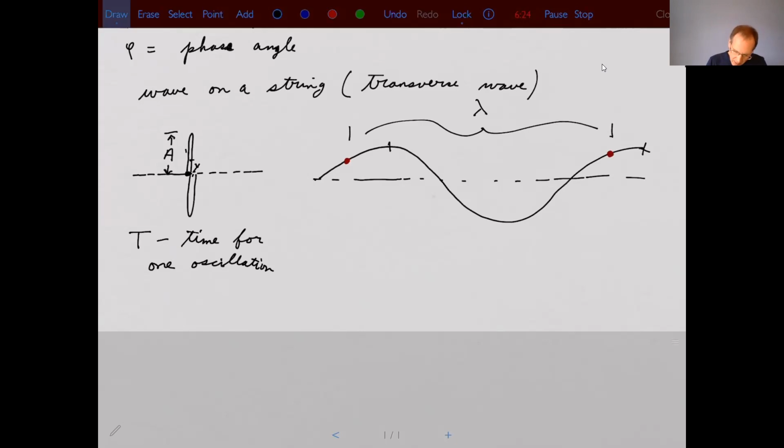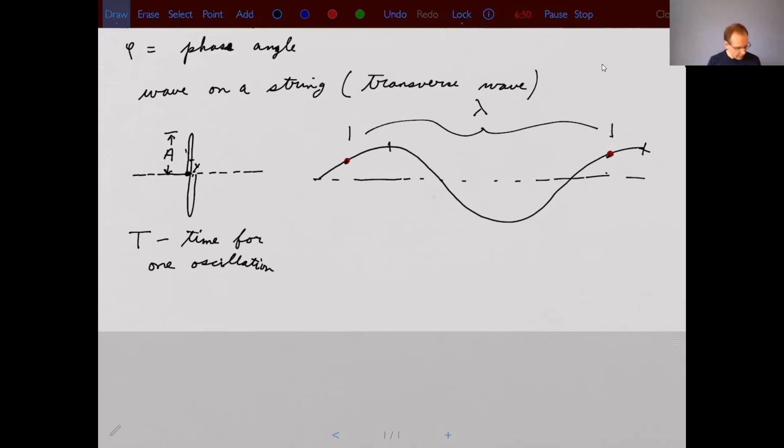It's some point on the wave where the string is undergoing some motion, and you go down the string and find a location where the string is undergoing exactly the same motion, moving in the same direction, at the same distance from the equilibrium position. That's the wavelength of that wave. So that's for a transverse wave, a wave on a string.